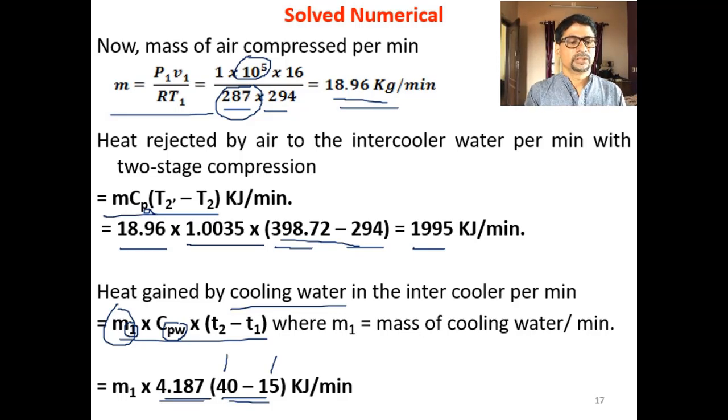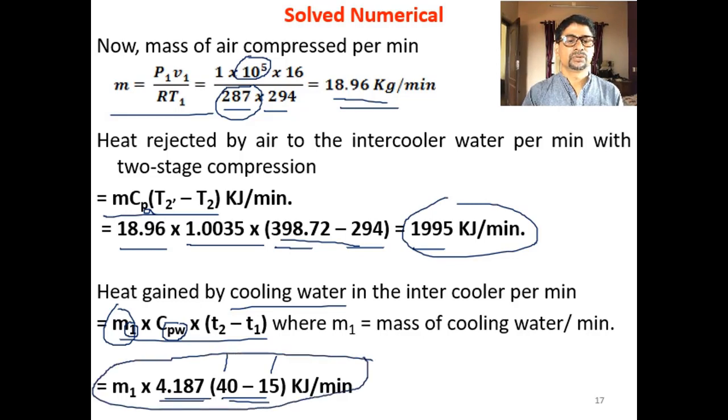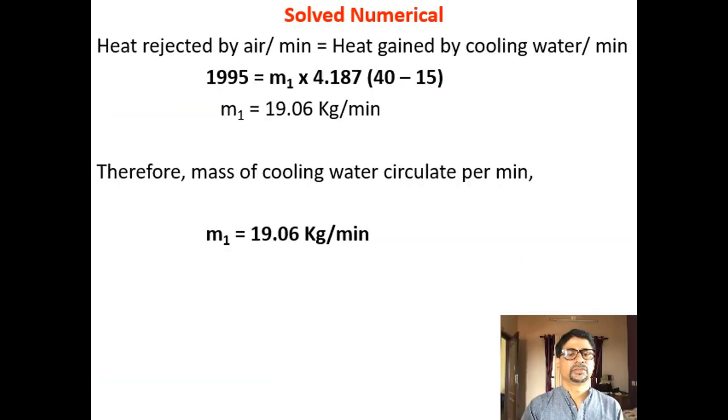Now this is the heat lost by air, which is equal to the heat gained by water. If you equate these two terms, you get M1, which is the only unknown here. So heat rejected by air per minute is equal to heat gained by cooling water. 1995 is equal to M1 into 4.187 into (40 minus 15).